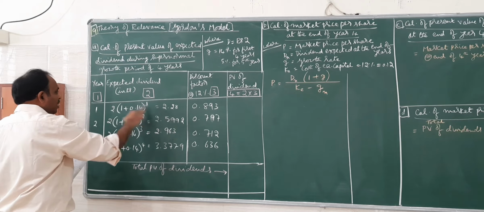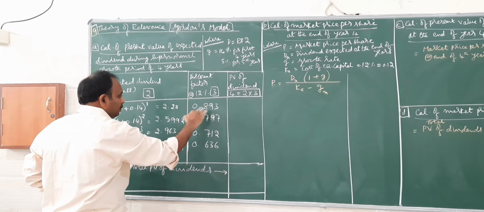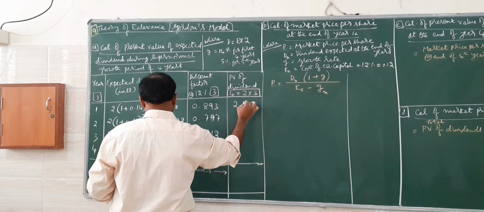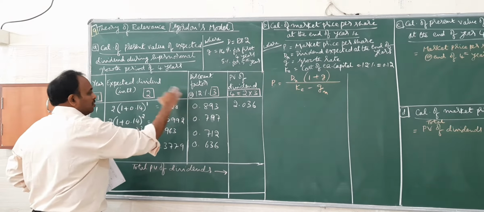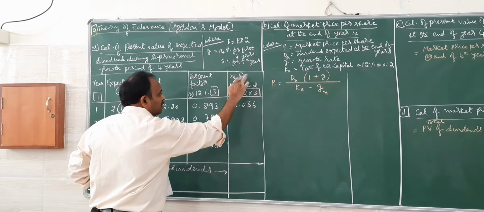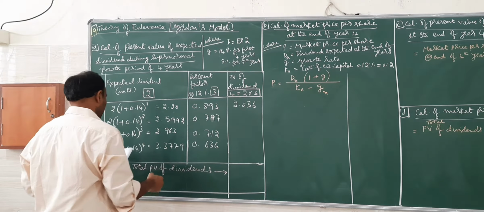So the ₹2.28 dividend at the end of 1 year, the time value of money brings it down. So what will be the price of that dividend? ₹2.36 approximately. Multiply the expected dividend into the discount factor, you get the present value of the dividend. So it is going to be 2 rupees 3 paisa almost.